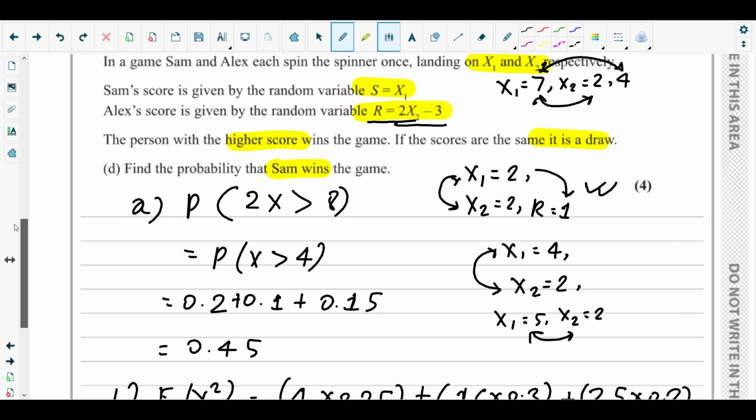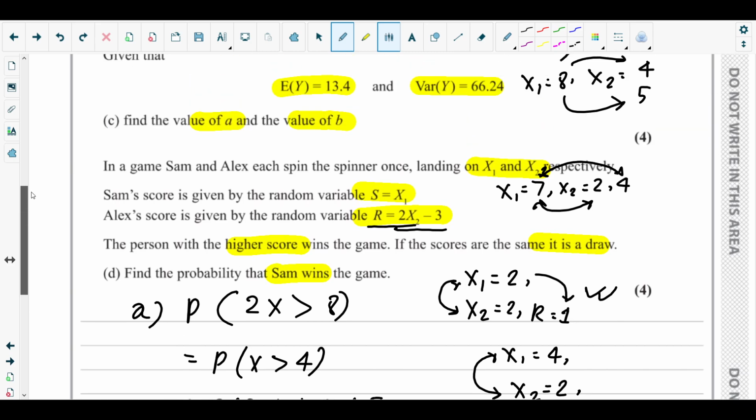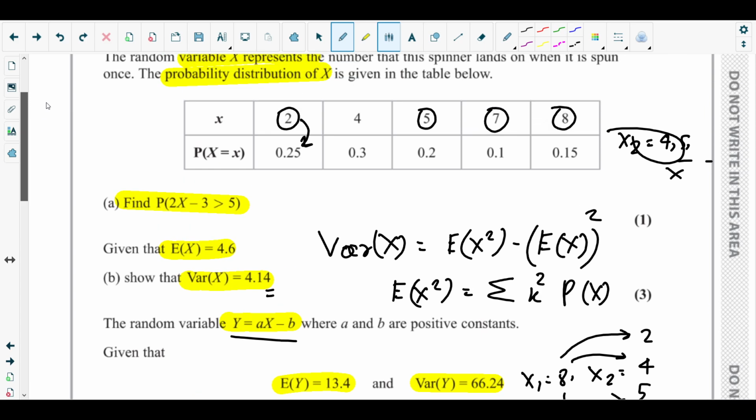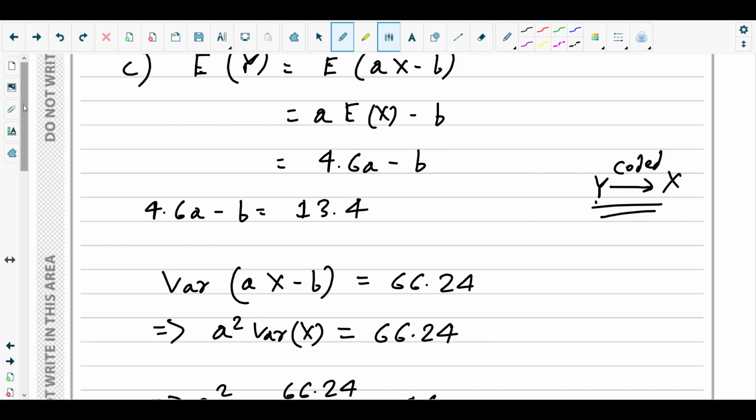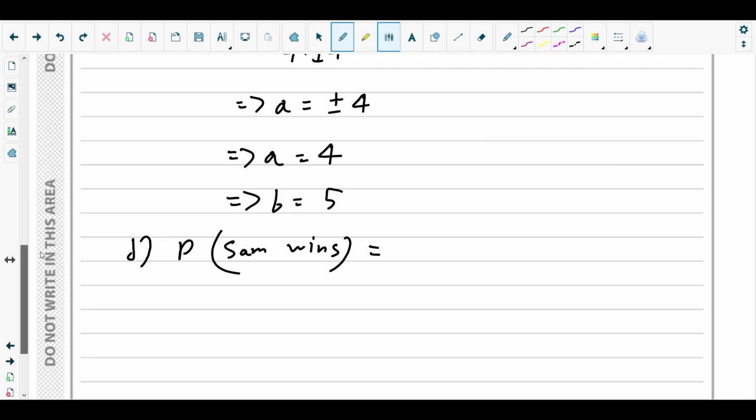At first, x1 was 2 and x2 was 2. That means the probability of x being 2 is 0.25, so it is 0.25 squared.